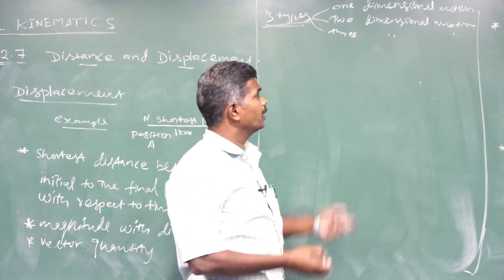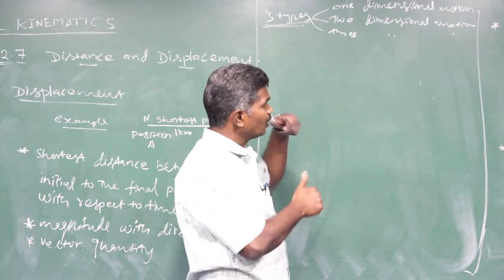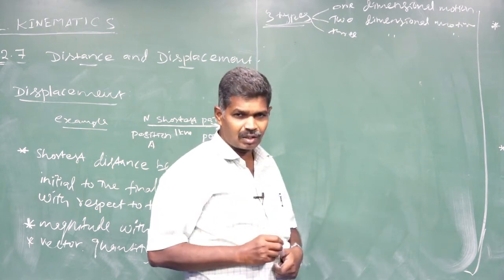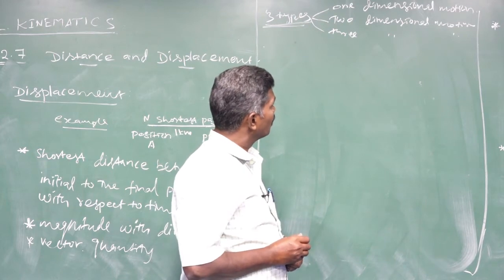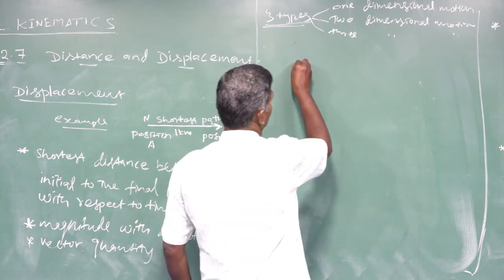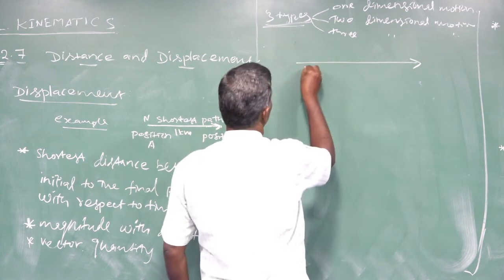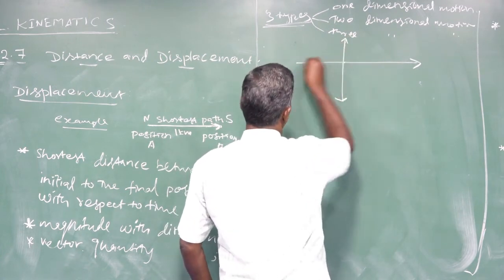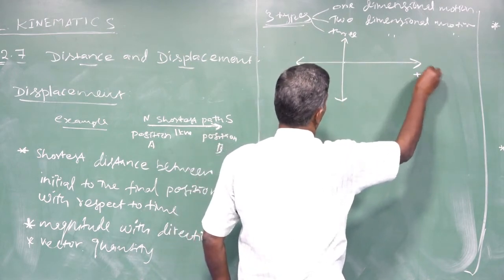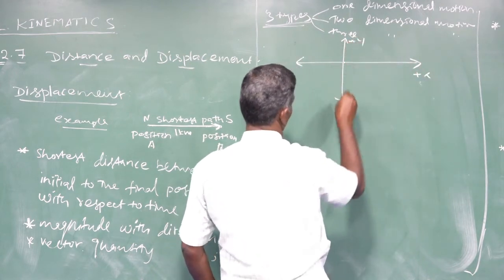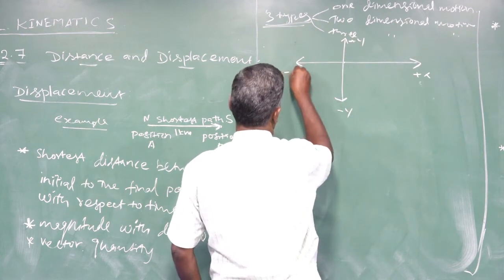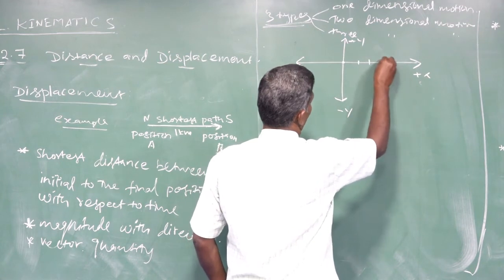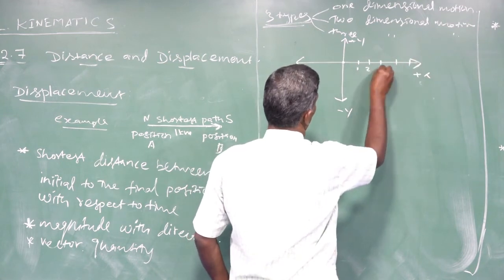If any man or particle moves in a one-dimensional motion, it moves in one exact direction. In the Cartesian coordinate system, it may be taken in the x direction: the positive x, positive y, negative x. There is an origin as well as 1, 2, 3, 4.